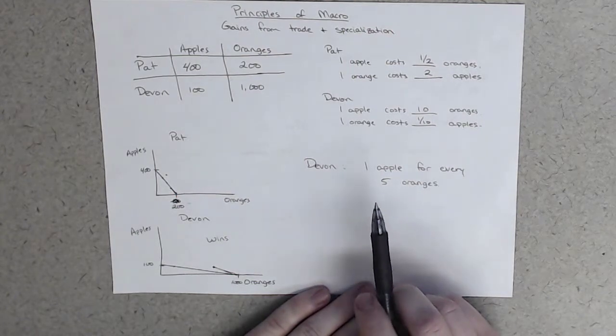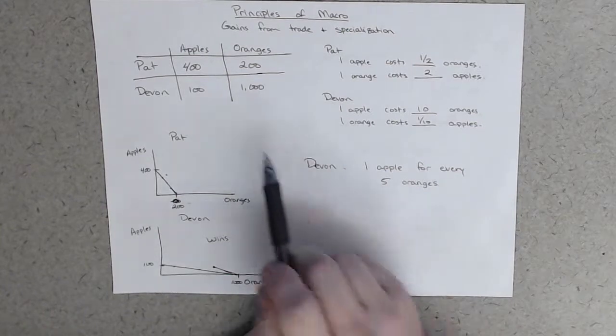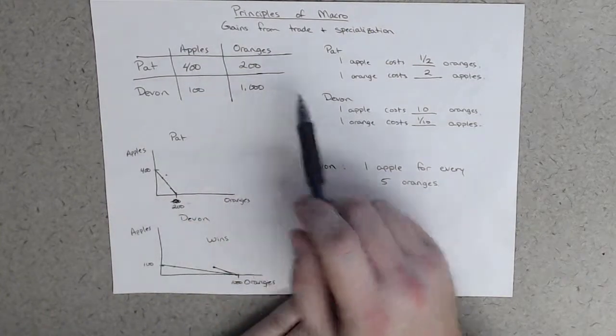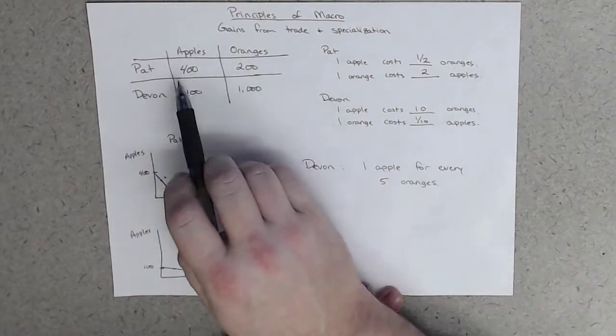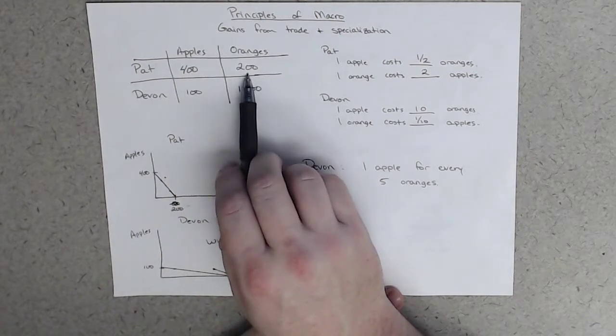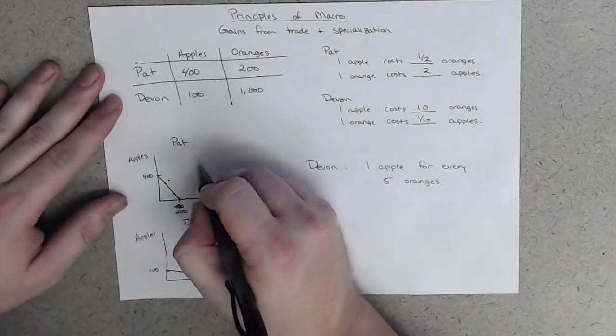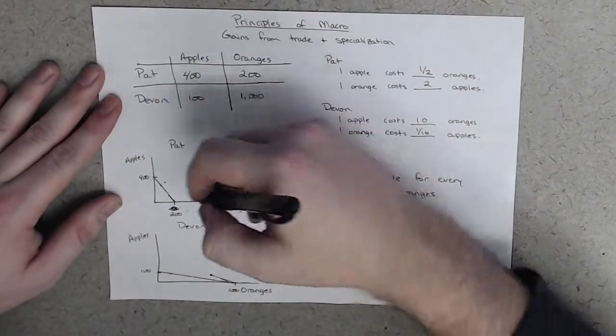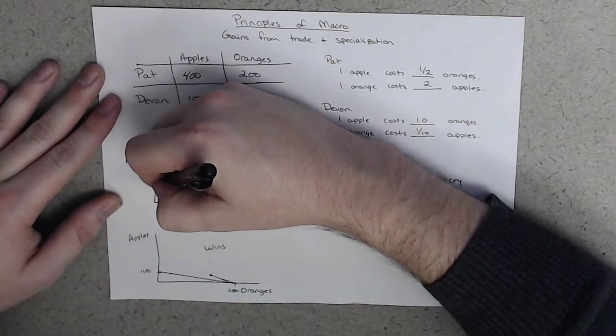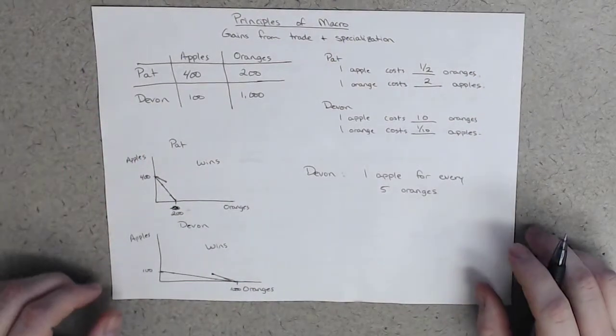Or for every 2 apples that he would give up, he gets 10 oranges. So he used to give up 2 apples to get 1 orange, and now if he gives up 2, he gets 10. And so Pat definitely wins as well, and so Pat gets to consume along a curve out there as well.